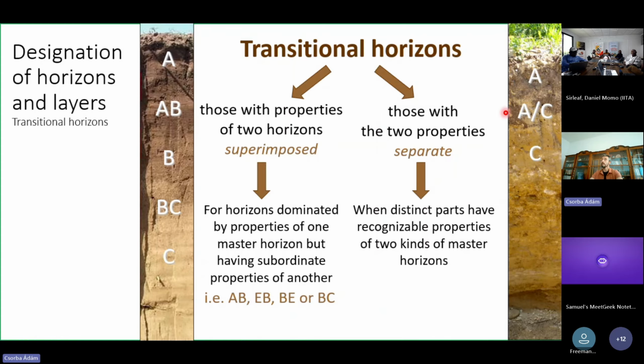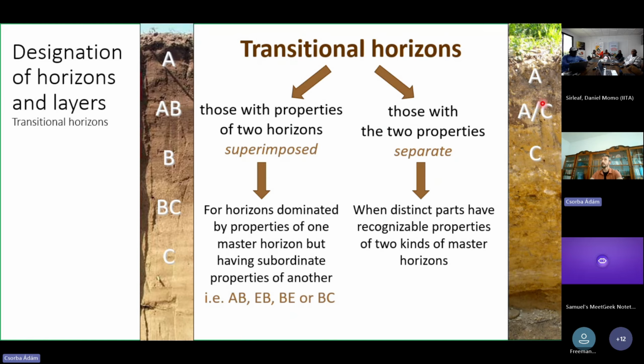In the soil horizon, we can see a chunk of dark, organic matter-rich material which comes from the A horizon, together with a more yellowish, more pale material, which comes, in this case, from the C horizon.